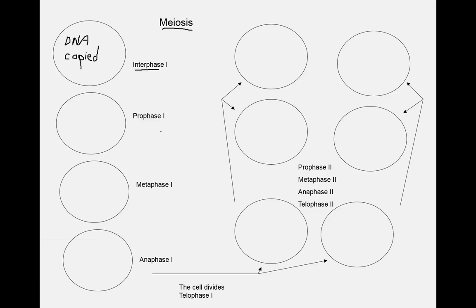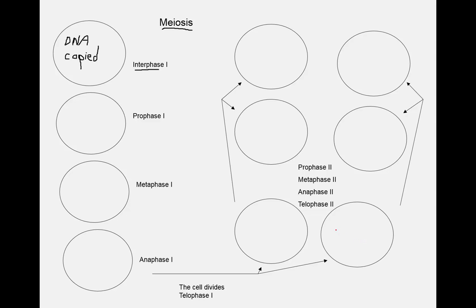So basically, remember, we have meiosis 1 that occurs, and then it's followed by meiosis 2. So this drawing is showing you a cell here that represents prophase 1, and then another one that represents metaphase 1, anaphase 1 here, and then we end up at the end of telophase 1 with two cells that are haploid, that have half the DNA.